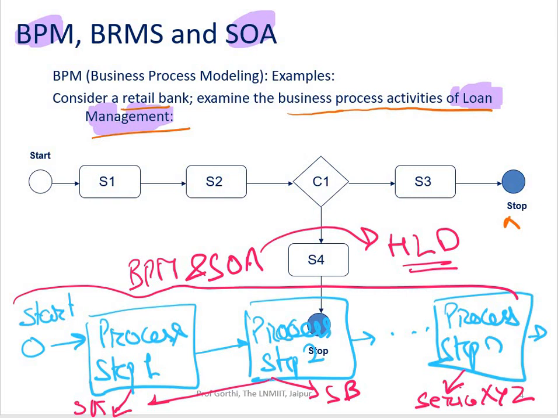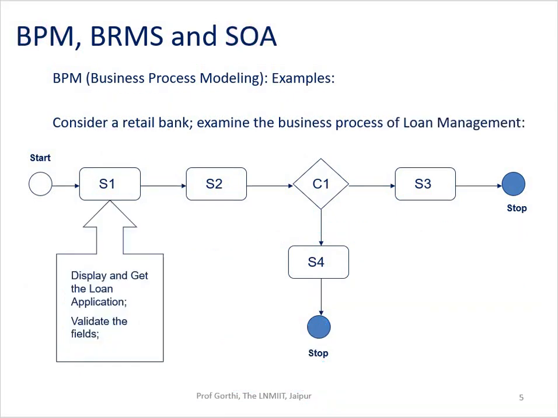Coming back to our same loan management example, the first thing is we went for a start and we saw that let's display and get the loan application and validate the fields. This is what my first screen will do, and this is my first process.